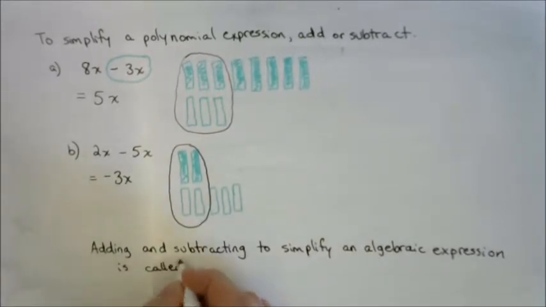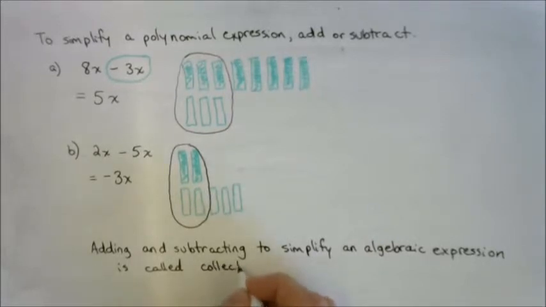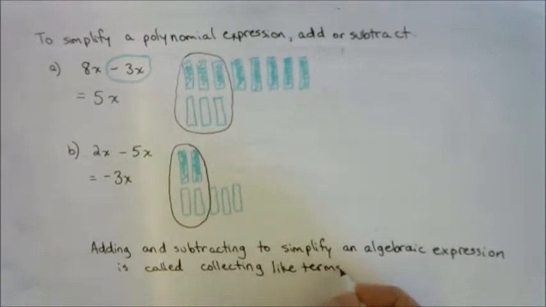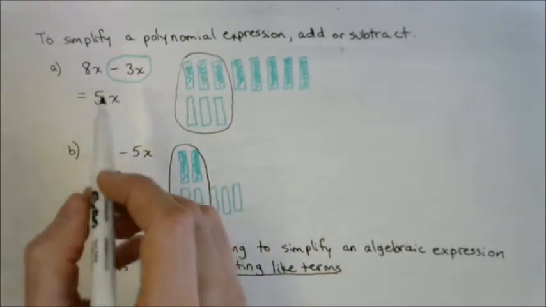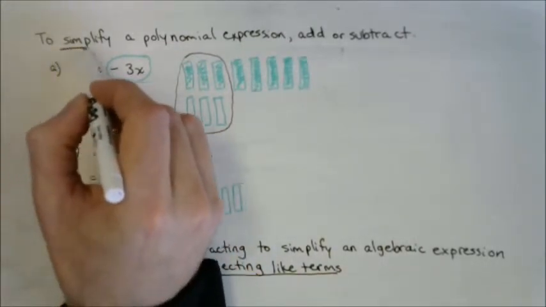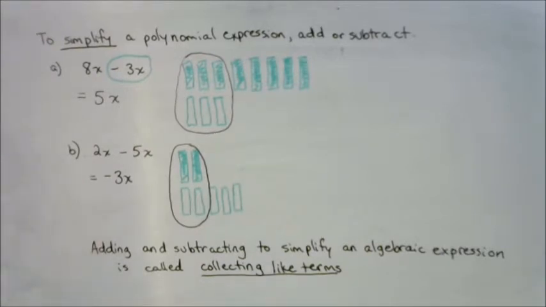What did we just do? What's the lesson called? Collecting like terms. And you can underline that. And we had our little note above here, to simplify. You can underline the word simplify as well.